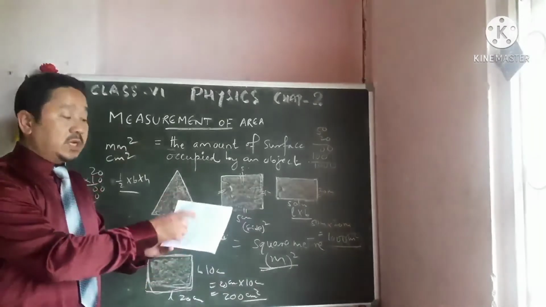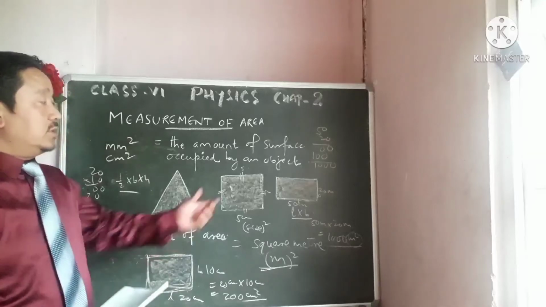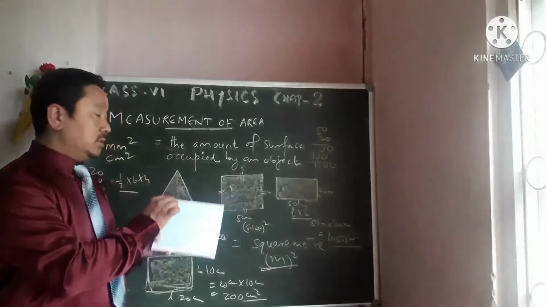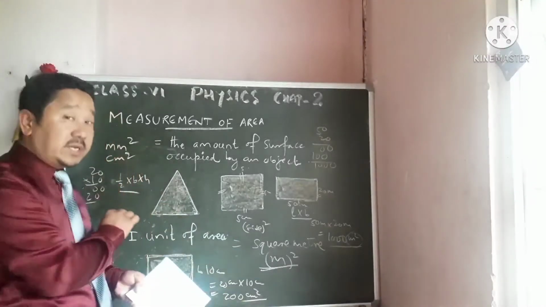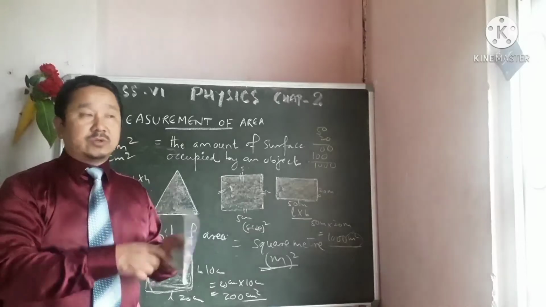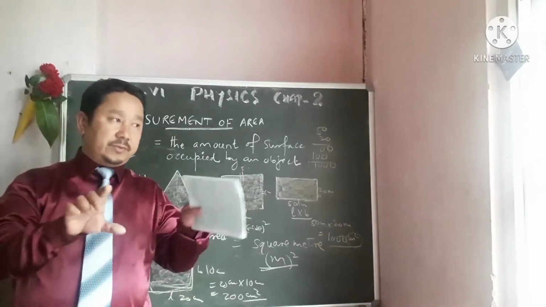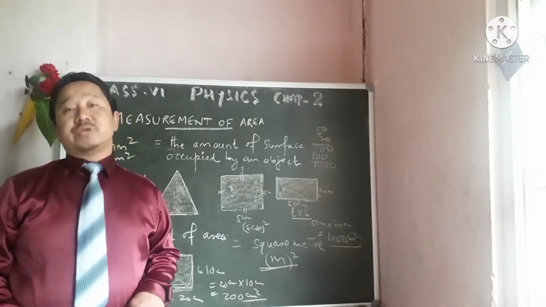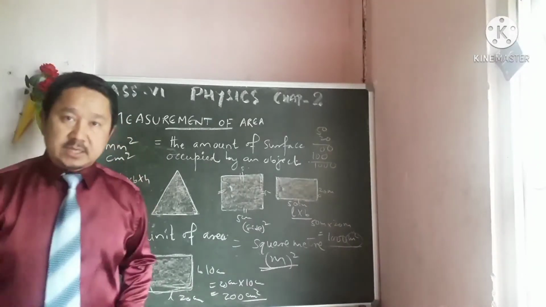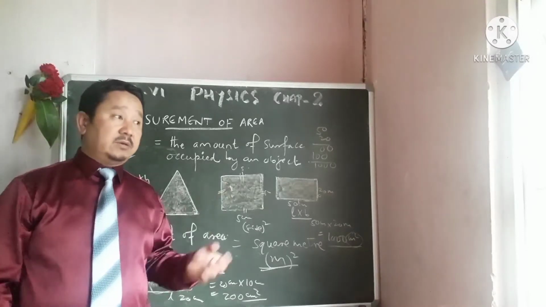So a smaller unit has been used here, where you don't use the meter, because meter is a bigger unit than the centimeter and millimeter, so that we cannot use here. And if the area of a country or a city has to be measured, then meter alone is not enough, it is too small.